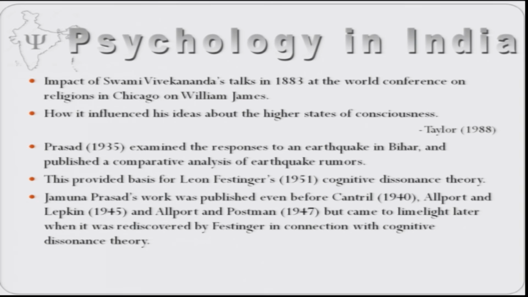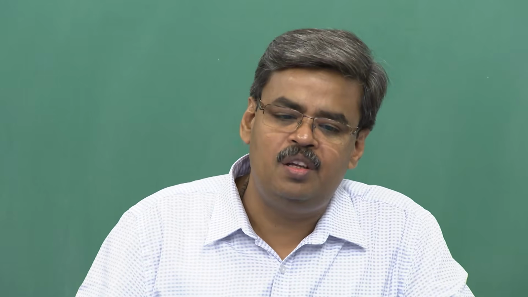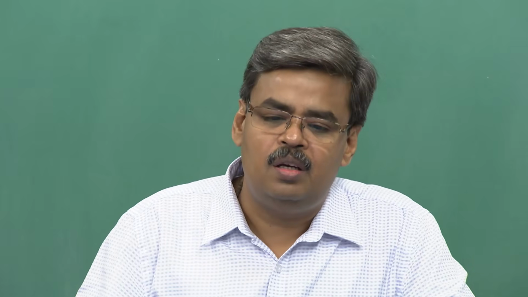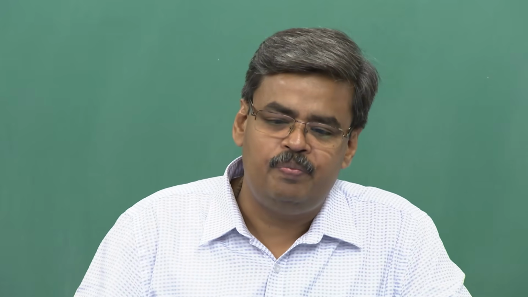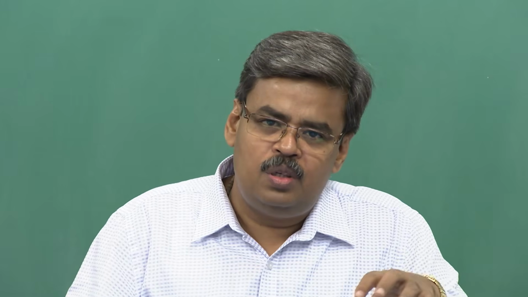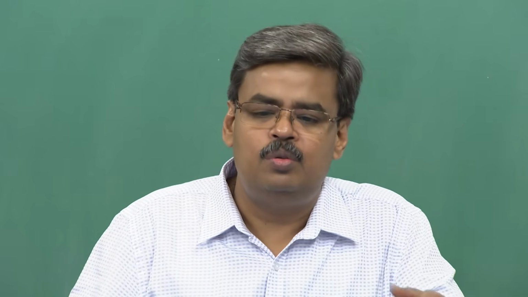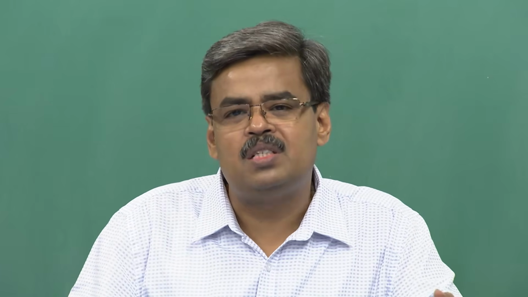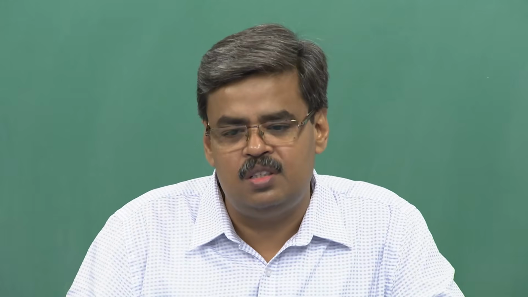Jamuna Prasad's work, published in 1935, came even before the references that you find of Cantril in 1940, Allport and Lepkin in 1945, and Allport and Postman in 1947. But Prasad's work got recognition when it became the baseline for Festinger's cognitive dissonance theory.